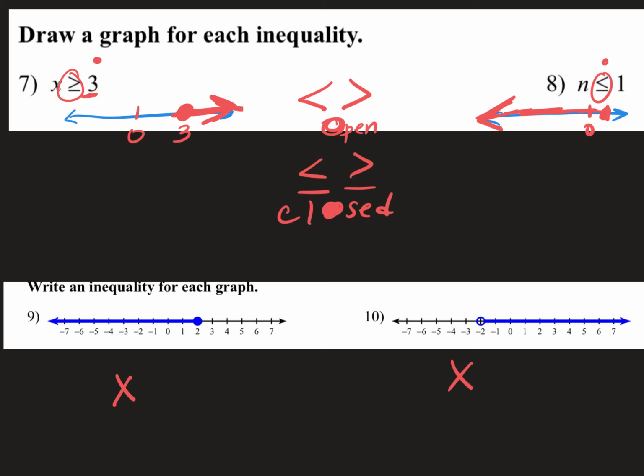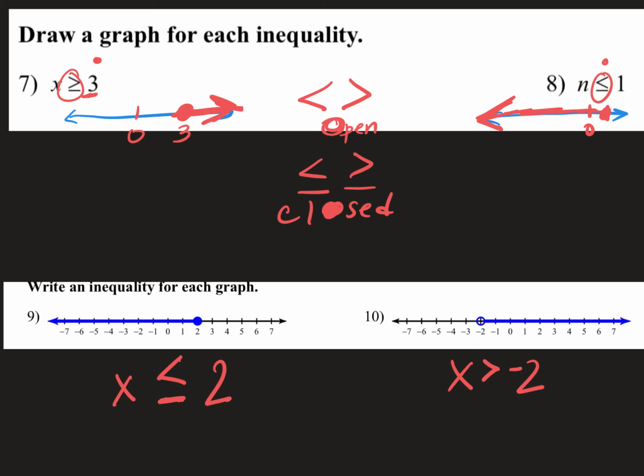So I know this first one is going to be equal to, and 2 is going to be there. The second one is not going to be equal to because it's open, and negative 2 will be here. It's shading to the left, so that's less than or equal to 2. And this one is shading to the right, so that's greater than negative 2. So those are your review questions there. I hope that helps you with these questions from your assignment.